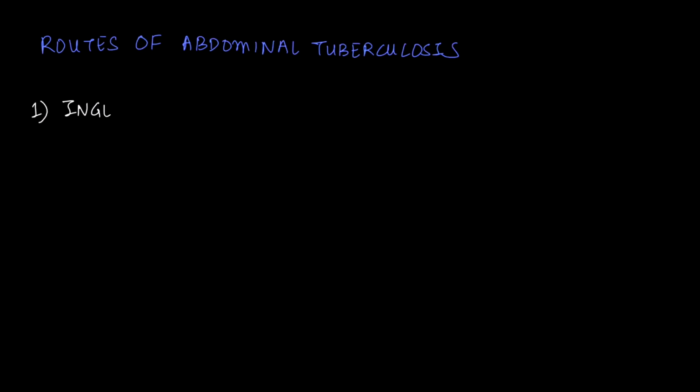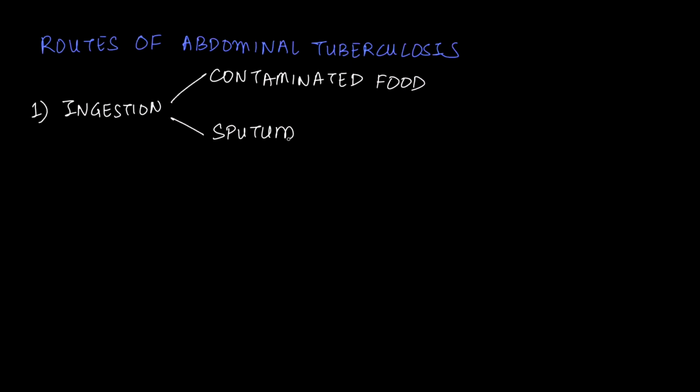So now let us take a look at the routes of abdominal tuberculosis. So first, via ingestion, which can be via ingestion of contaminated food, or via ingestion of sputum.